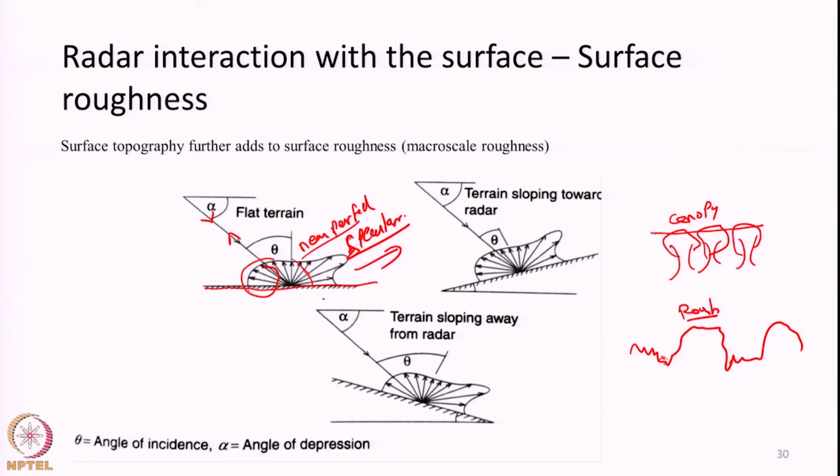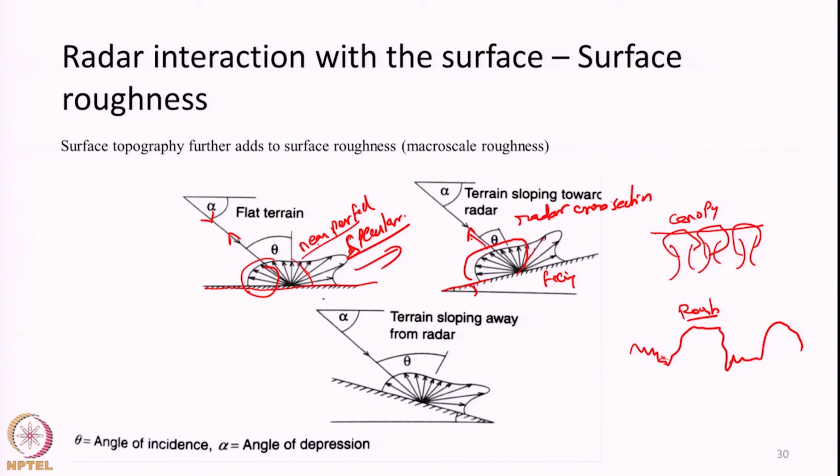Let us say the same object is present on a slope that is facing the radar antenna. What will happen? Due to this topography, even though the object is reflecting a large fraction of energy in the forward direction, because of the slope, still a major fraction of backscattered energy is oriented towards the radar antenna itself, thereby increasing the radar cross section.